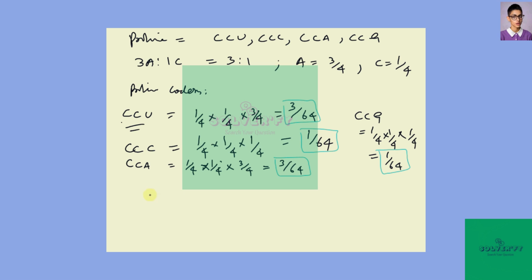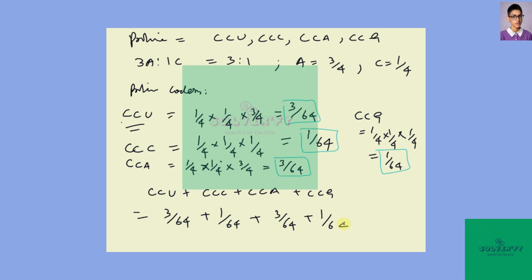We add CCU plus CCC plus CCA plus CCG, which will be equal to 3 by 64 plus 1 upon 64 plus 3 by 64 plus 1 upon 64, and the whole probability will be 8 by 64.